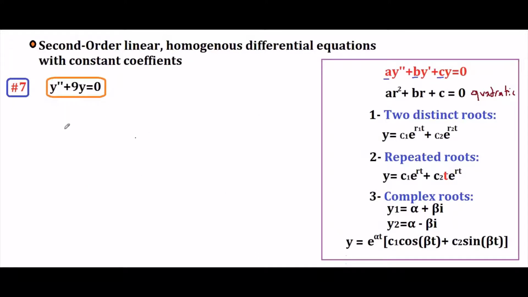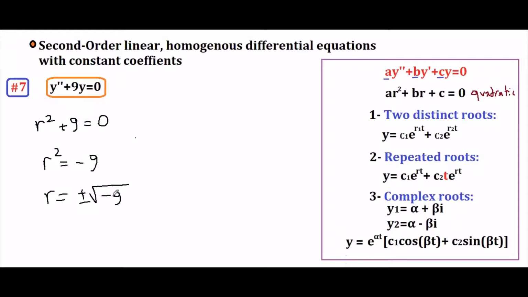Number 7 is y double prime plus 9y equals 0. This converts into the characteristic equation r squared plus 9 equals 0. If you subtract 9 on both sides, r squared equals negative 9, and if you take the square root, then r equals plus or minus the square root of negative 9.